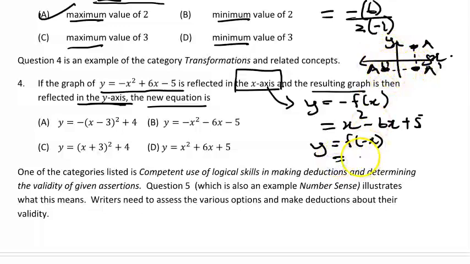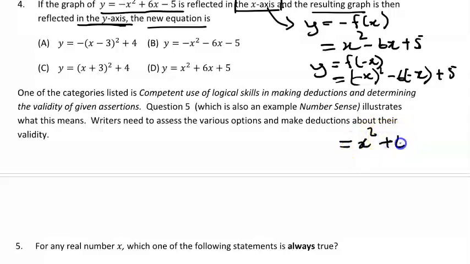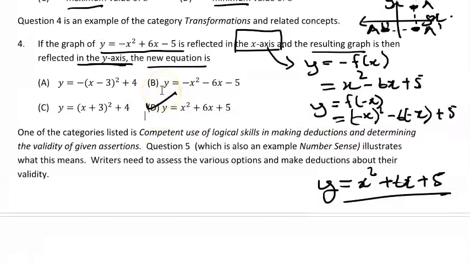So f of minus x will be minus x all squared minus 6 times minus x plus 5, which equals x squared plus 6x plus 5. So this will be the new equation, x squared plus 6x plus 5. That's option D.